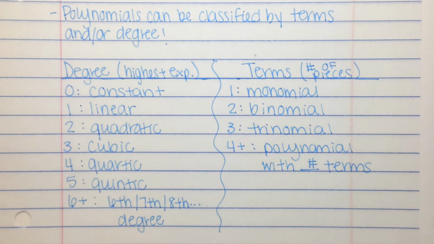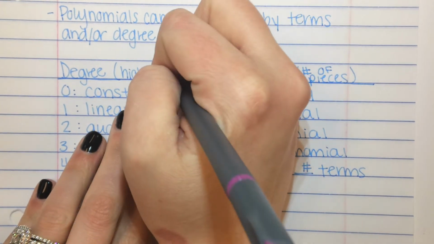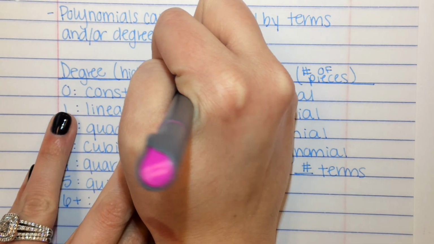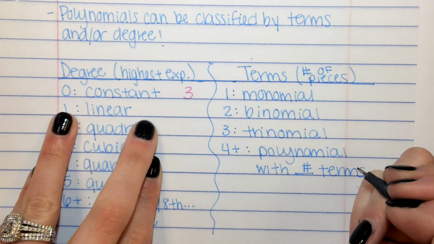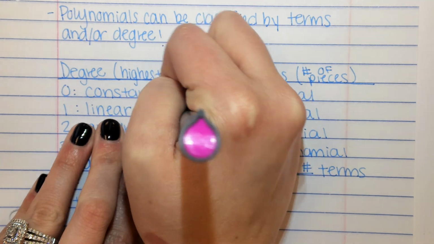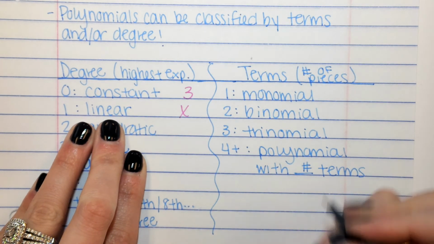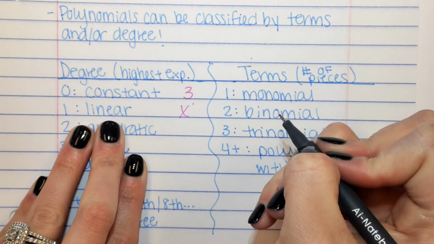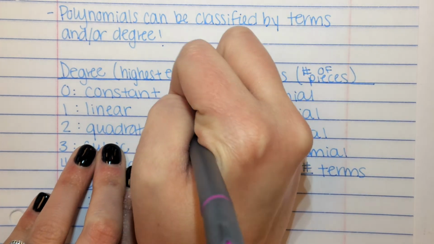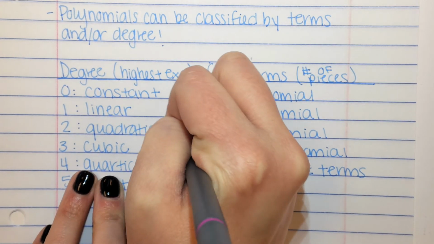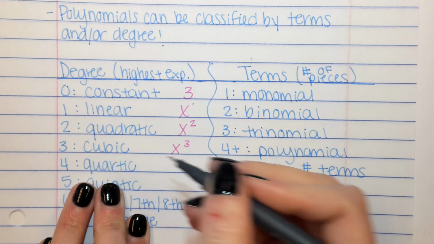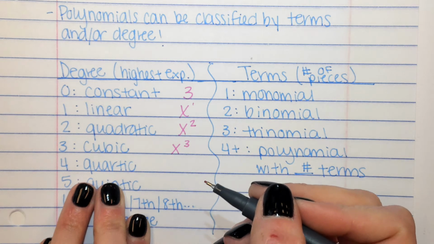Let me show you an example of what that degree would look like. If you have a constant, a degree of 0, you just have some number. If it's linear, it's just an x. There's an understood exponent of 1. Quadratic is an exponent of 2. Cubic is an exponent of 3. You can think of cubic: a cube has 3 dimensions.